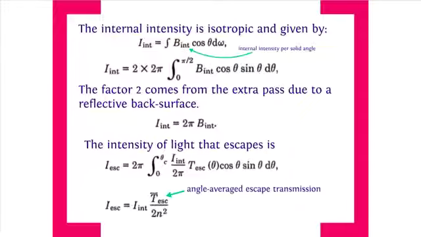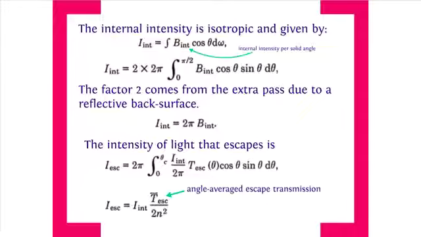Cos theta sin theta is, well, we should all know this, sine 2 theta over 2. And then you integrate from 0 to 90 degrees, you'll get a half. So that removes that 2, and you get 2 pi times B. So simple equation. Now, that's what's coming in, right?